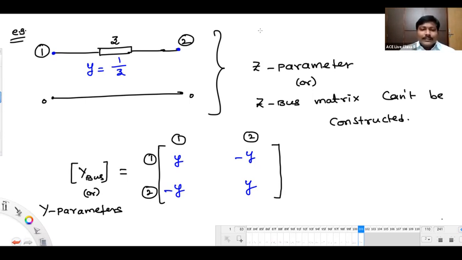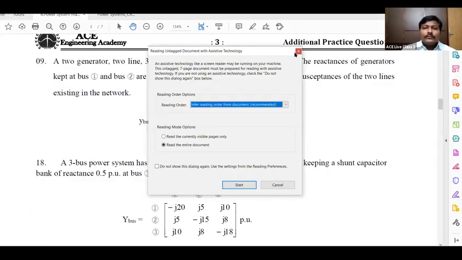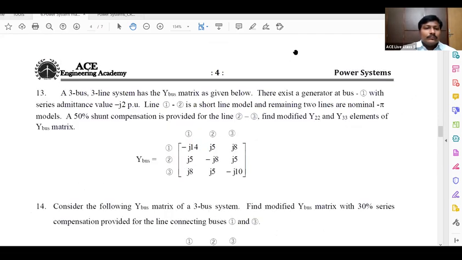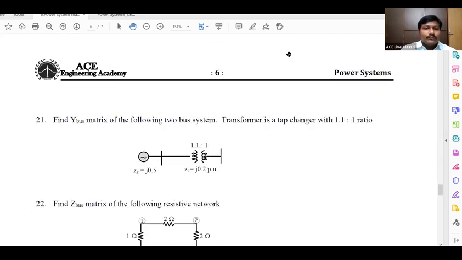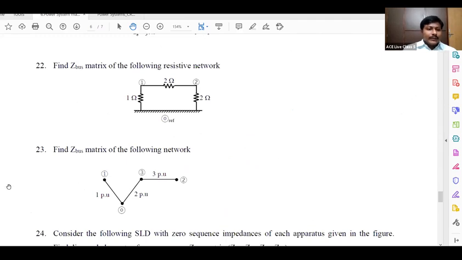So now let's take some simple problems in the construction of the Z-bus matrix. Yeah, go through this quickly.